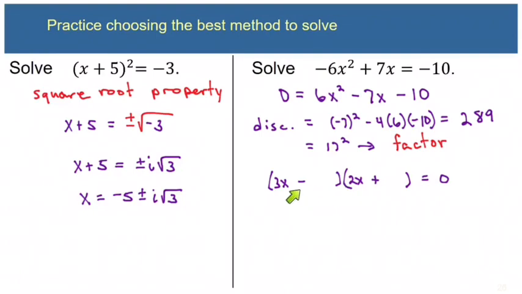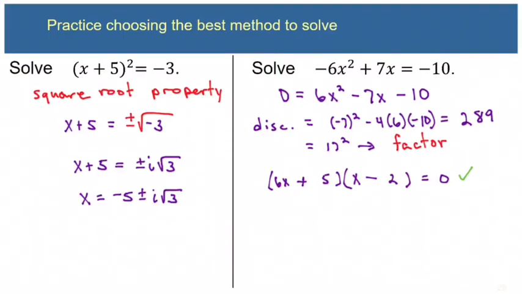So let's change this, and now we can put our 2 and our 5 back in there. So now the way I have it arranged, outer times outer is positive 12x, and inner times inner is negative 5x. 12x minus 5x is 7x, so that's great, but I do need the sign to change because we are getting positive 7x. So let's just go ahead and change the signs, and now our middle term will be negative 7x.